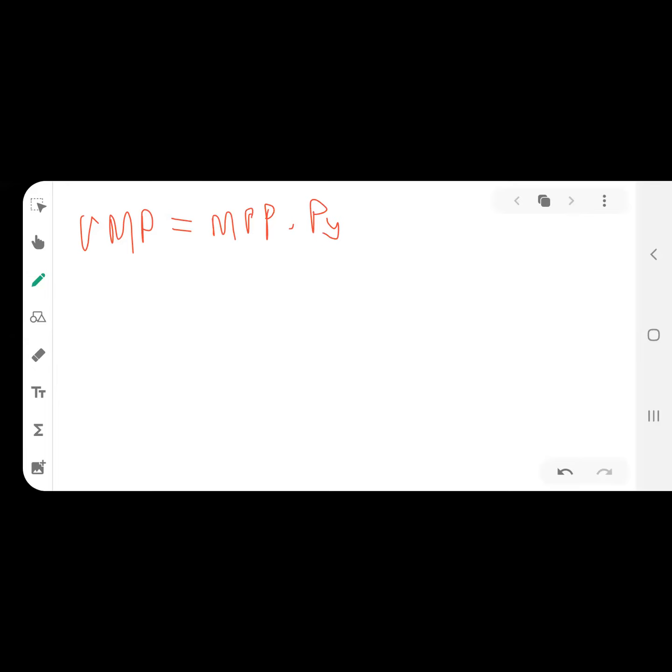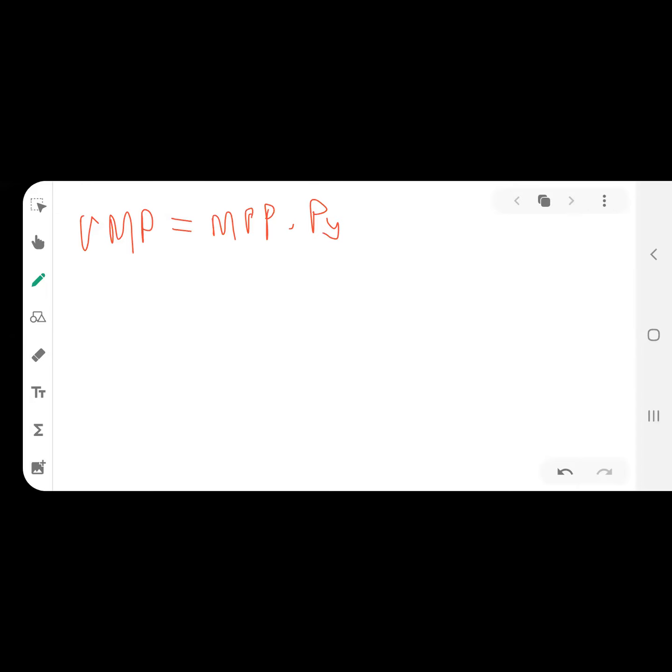And are we given the MPP from the function? No, we must derive it.